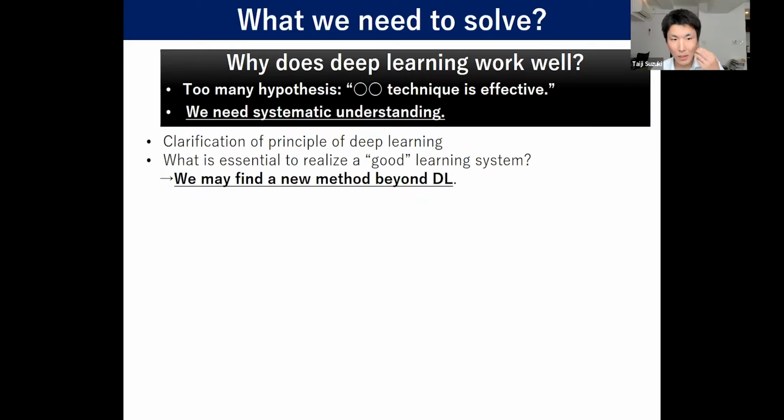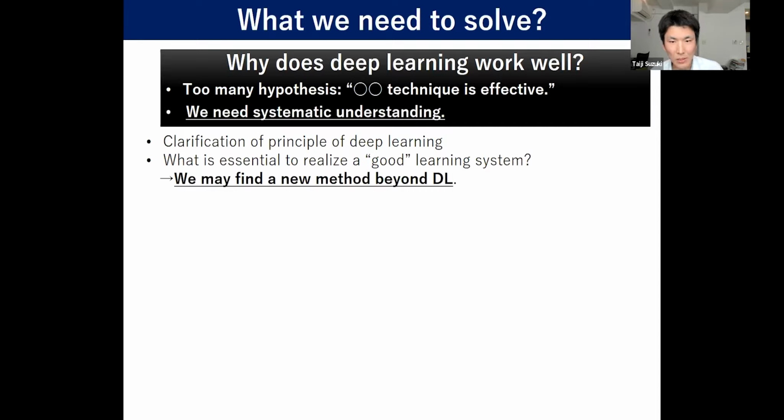In particular, we need some understanding of the principle of deep learning. In addition to understanding individual techniques, we need a unifying understanding of the principle of deep learning. By doing so, maybe we can find the essence of the good learning systems that makes the learning system very powerful.